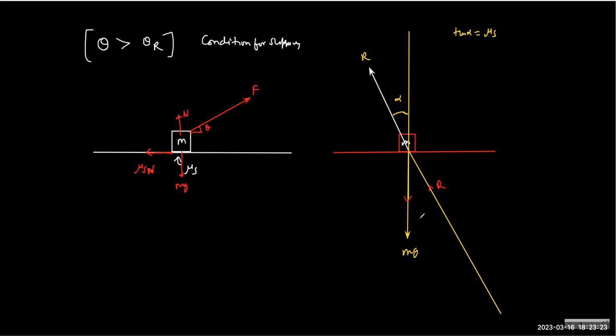This is the mg vector. Because the block is at rest under the application of three forces, it's a question of equilibrium. Then what kind of polygon should it form? Three forces under equilibrium means all three vectors will enclose a triangle.